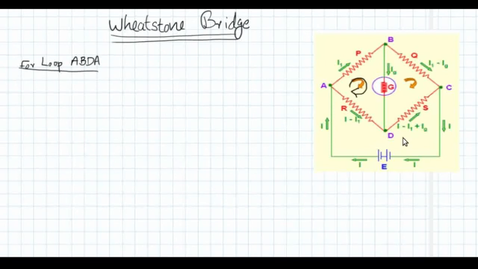So this is our clockwise direction. I1 is in the clockwise direction, Ig also clockwise, I minus I1 opposite. So plus I1P plus IgG minus I minus I1 into R should be equal to 0.